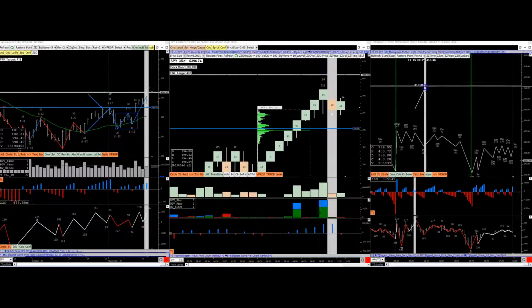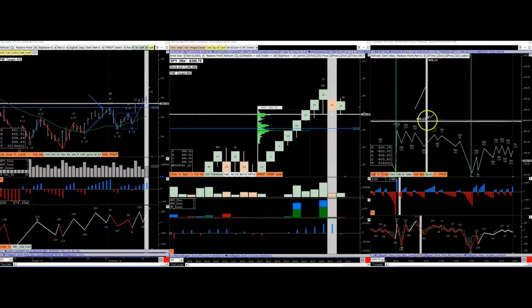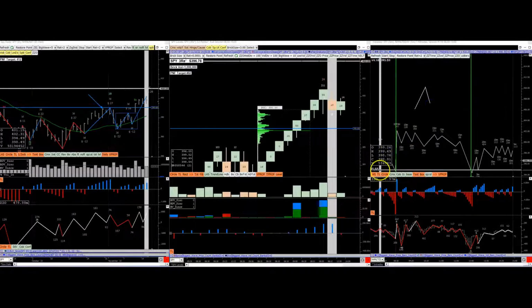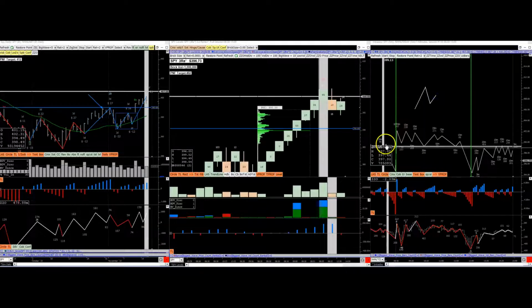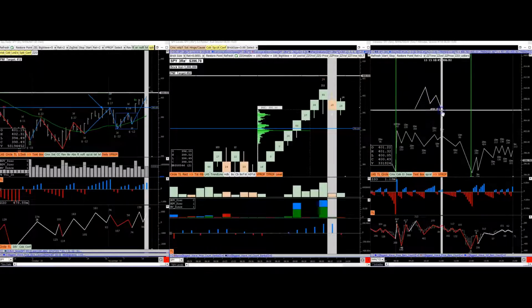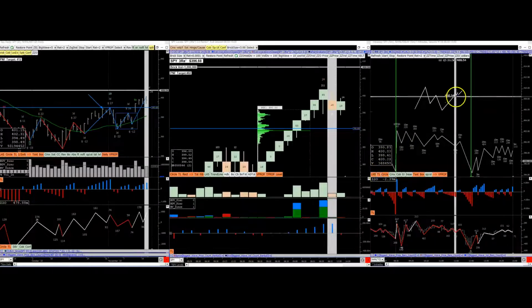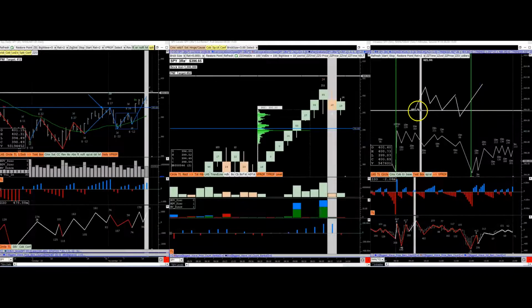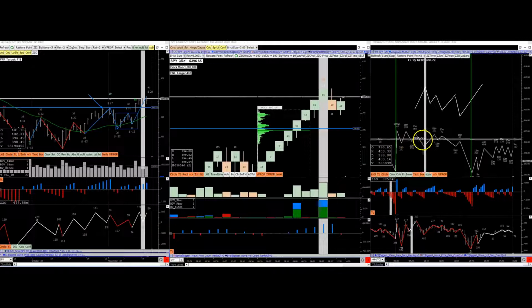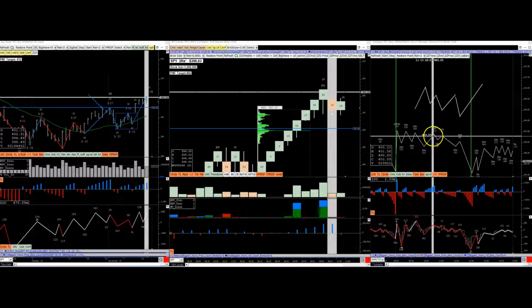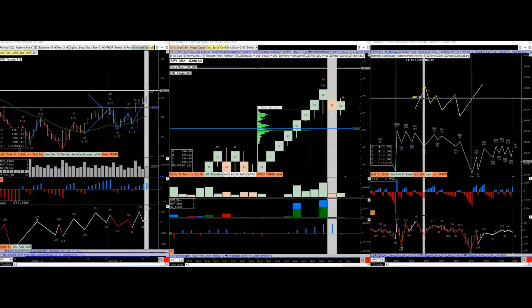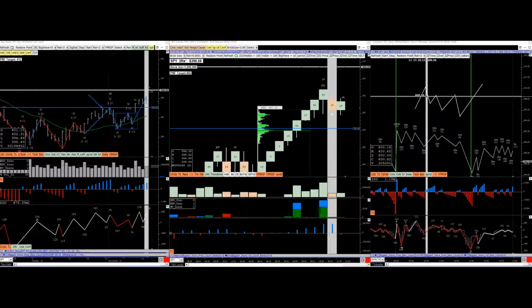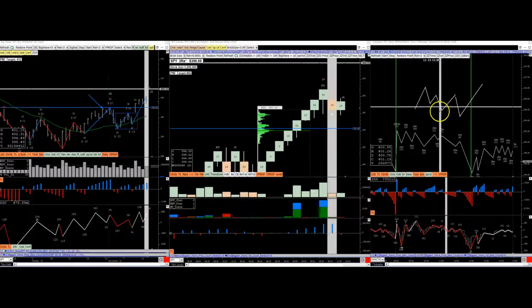Meaning you can have a change of behavior, but what happens is it's going to spring. Same thing in an uptrend. If you try to short after a change of behavior, it's going to do an upthrust.